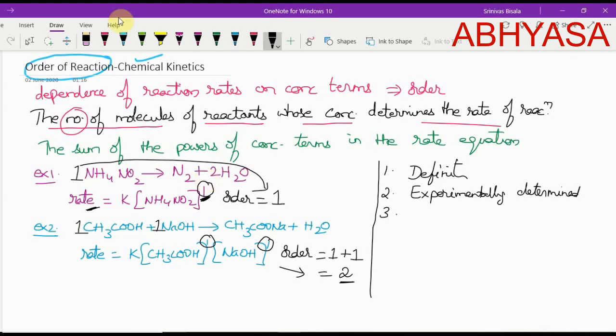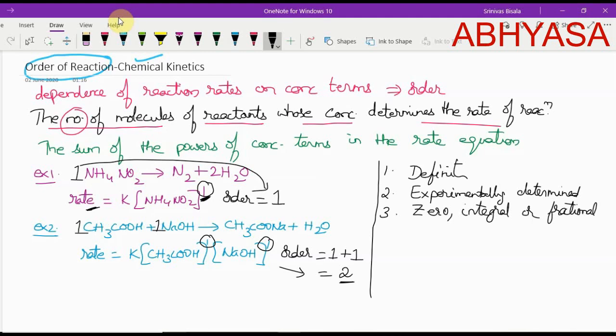The order of the reaction can be 0, it can be an integral value, or it can even be a fractional value. I'm giving these points separately because they will ask you the differences between order as well as another term called molecularity, which we will learn afterwards.